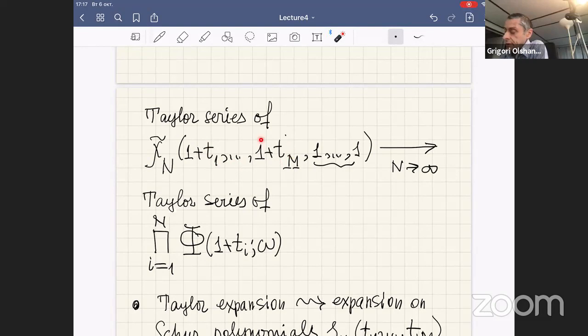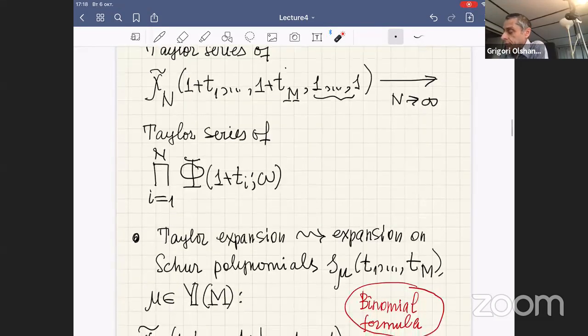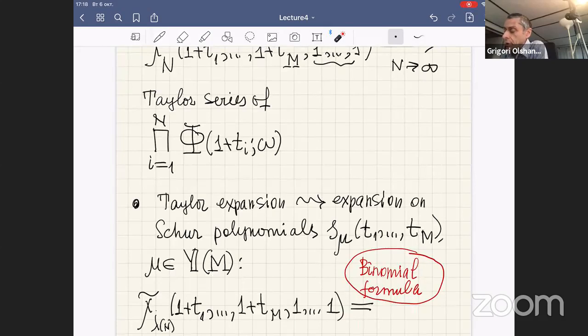So the new coordinates are the t coordinates. So we take this function. This is a rational function, and it assumes value 1 as t is equal to 0. So we can take the Taylor series on the left, this one, and likewise we substitute the same t in this formula, and we take the Taylor series, and this is also a good function, so there's no problem. And we want to prove the convergence of the Taylor coefficients.